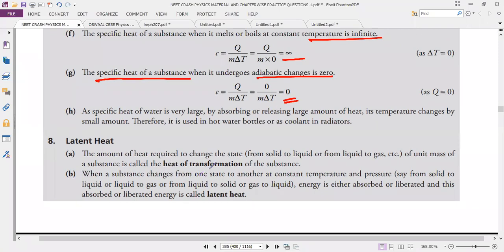And one more: latent heat means when substance changes from one state to another state at constant temperature and pressure, energy is either absorbed or liberated, and this absorbed or liberated energy is called latent heat. Note the definition. Related question will come. What is latent heat? Define latent heat.